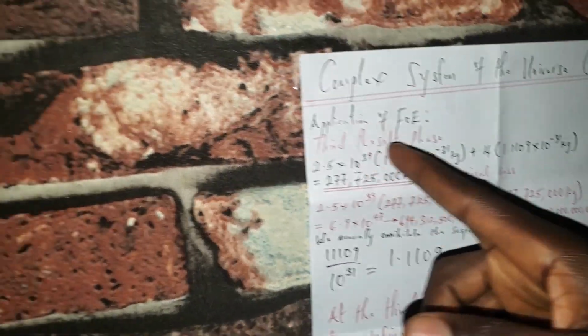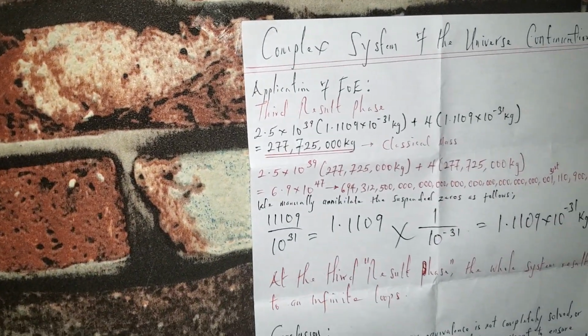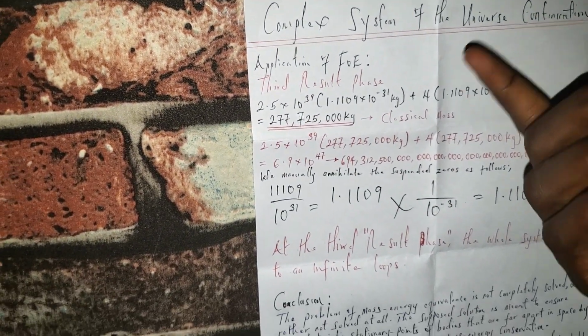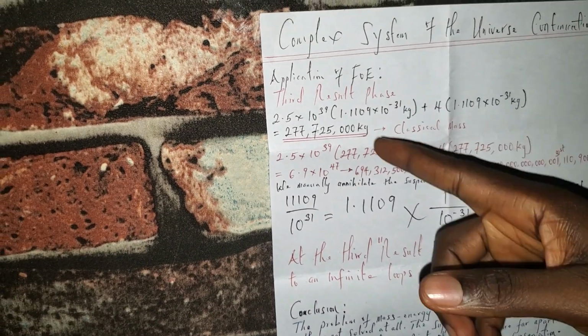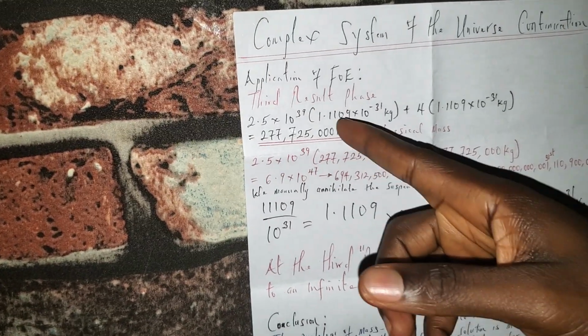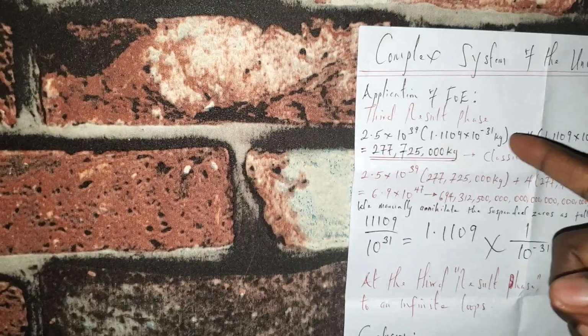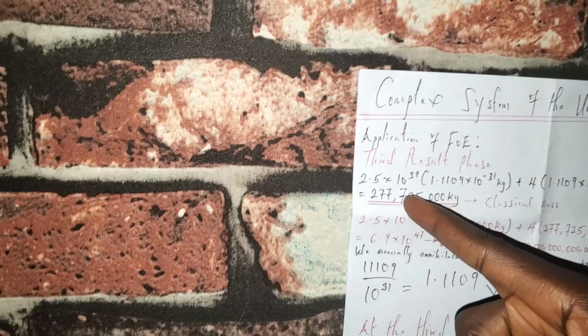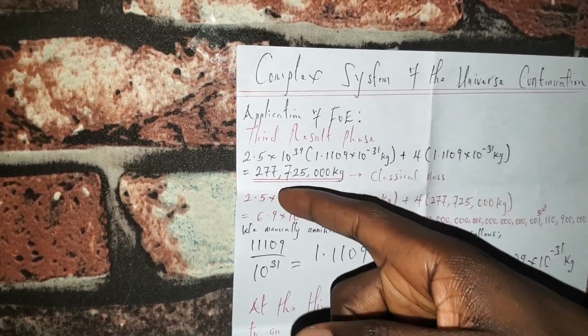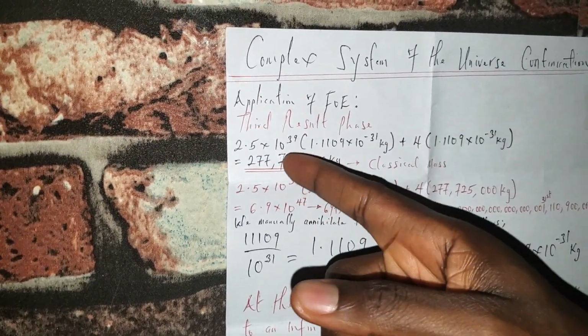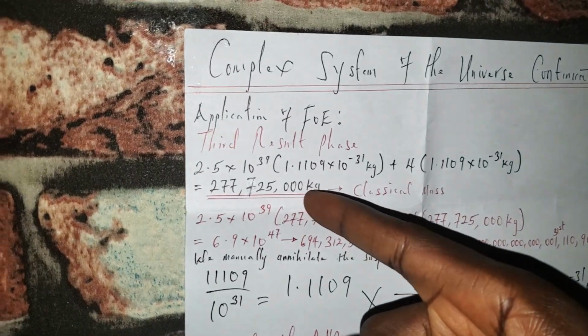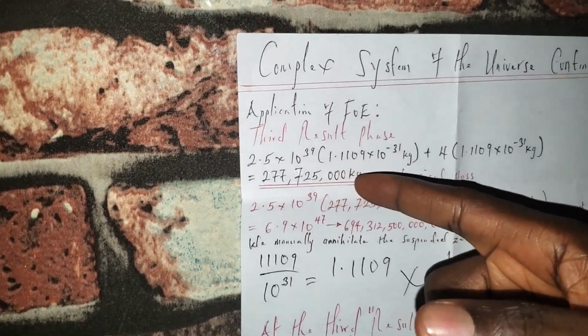So now, third result phase, we want to get what is actually happening. We put that generated quantum worth in our formula. Then we get this. Guess what we get? That same worth, but this time there is no dot to it.